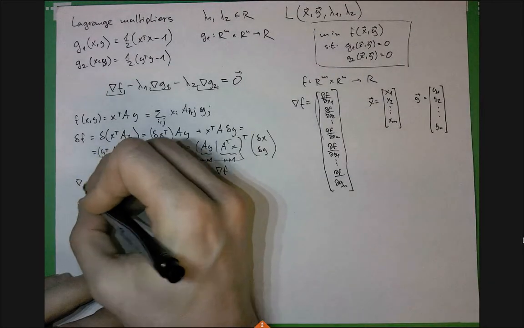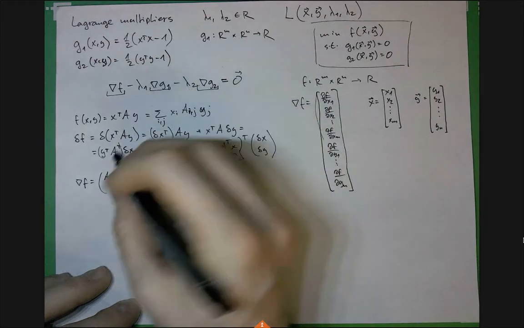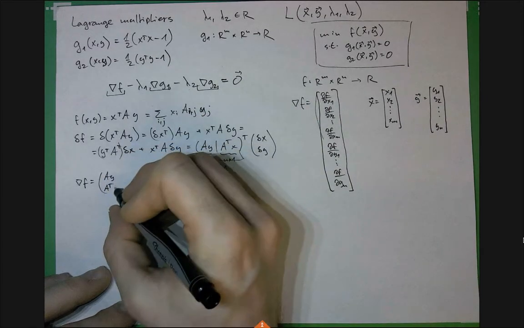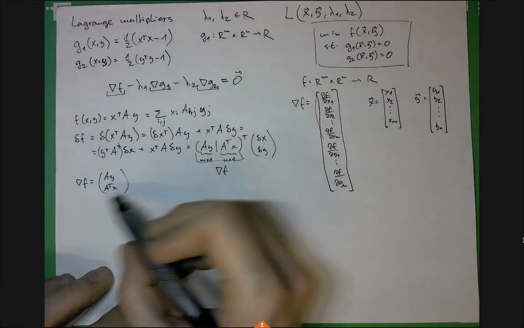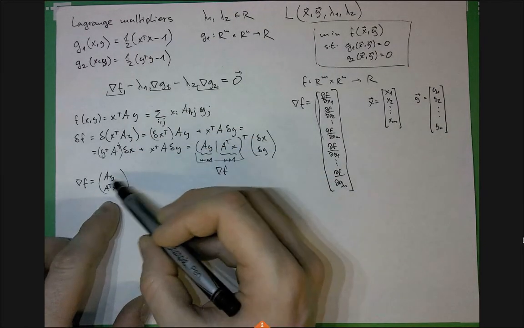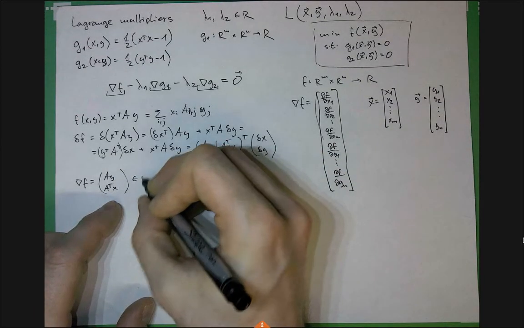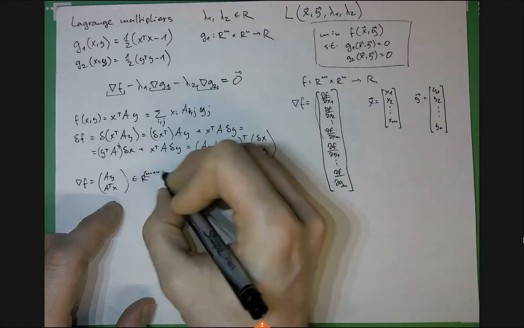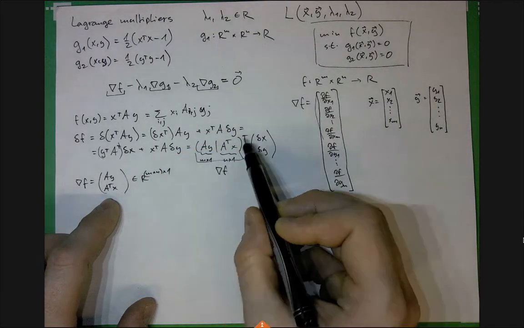So this is a very convenient way to compute the gradient, and all you need to know is that the differentials obey the same rules as standard derivatives, and that this tells us that the gradient of f is exactly Ay and A transpose x. So it's an m plus n by 1 vector. Here, notice that the gradient was transposed.